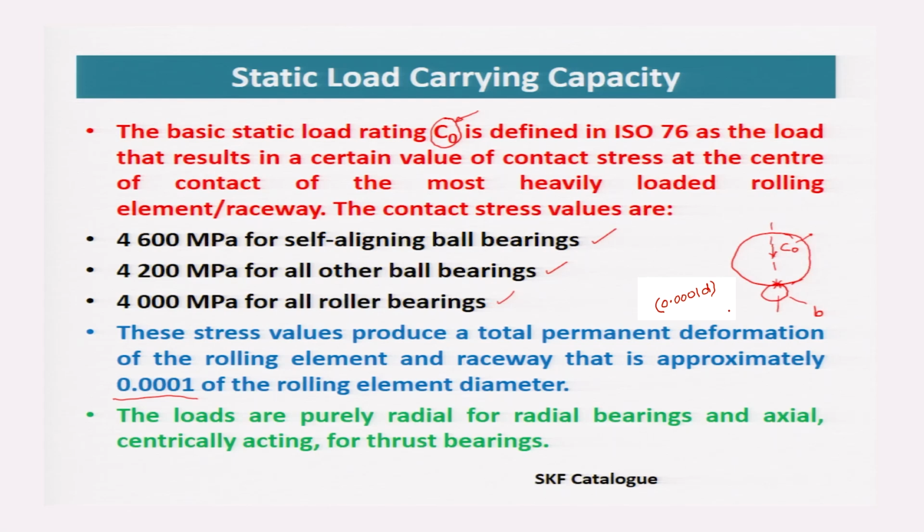The loads are purely radial for radial bearings and axial centrically acting for thrust bearings. This load C0 is purely radial for the case of radial bearings, and it is purely thrust type, acting along the axis of rotation, in the case of thrust bearing. The C0 is acting in this way for the thrust bearing, and it is acting in this way for the case of radial bearing.